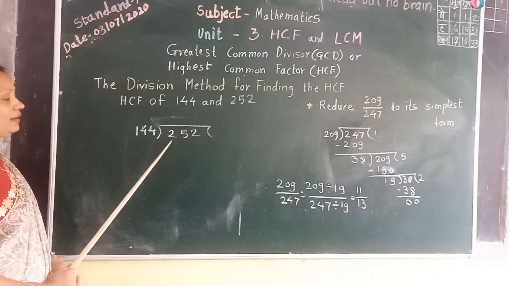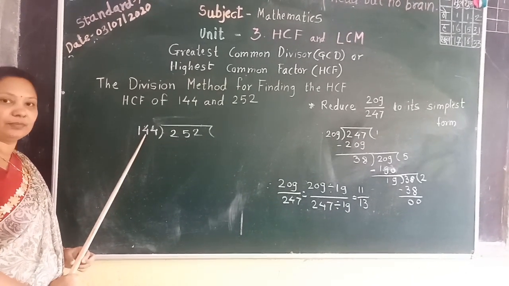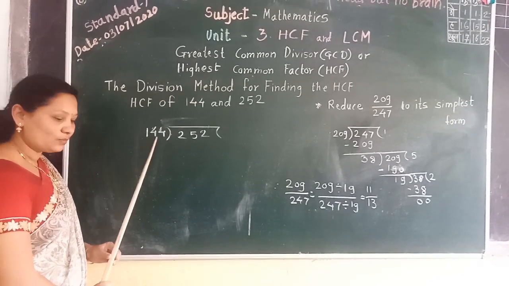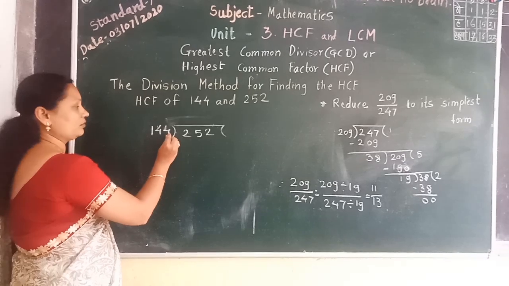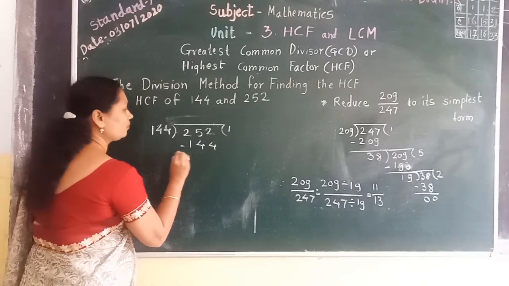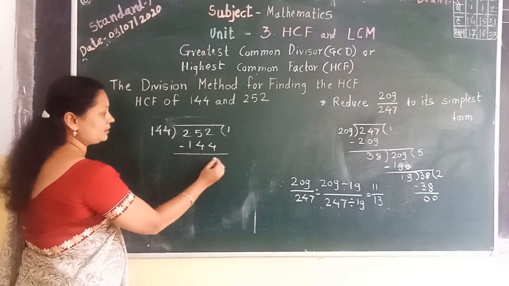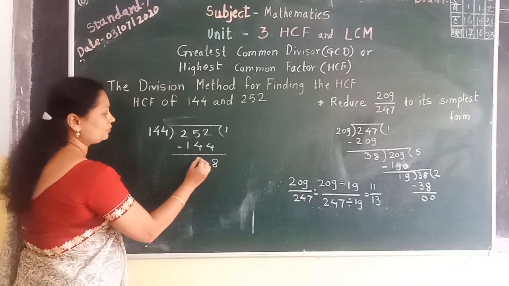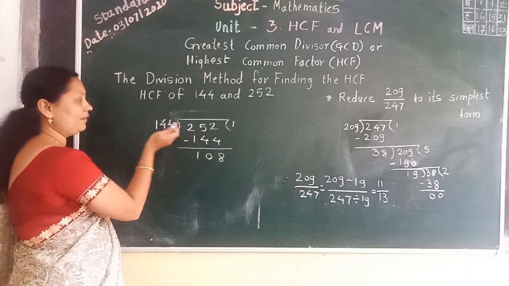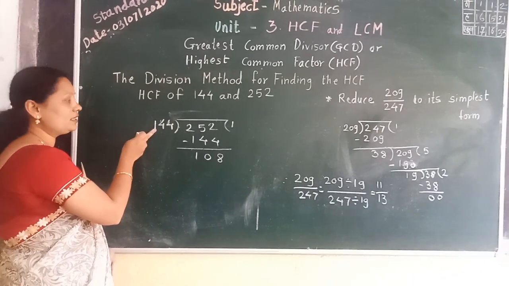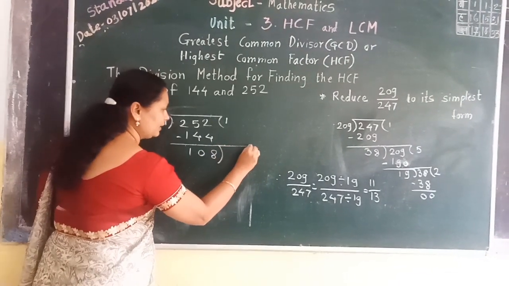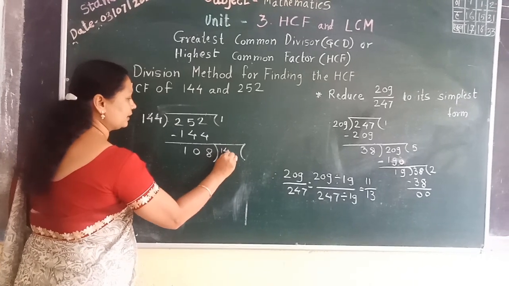First, let us divide the bigger number by the smaller number. 252 divided by 144: the quotient is 1, 144 ones are 144, and the remainder is 108. Now divide the previous divisor, that means 144, by this remainder. Write the divisor here, 108.